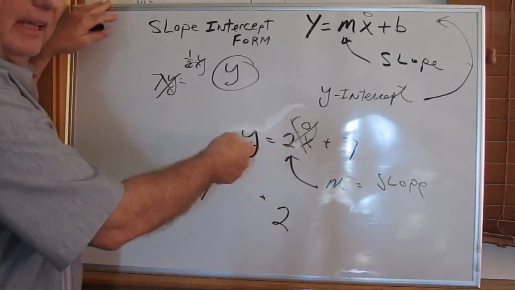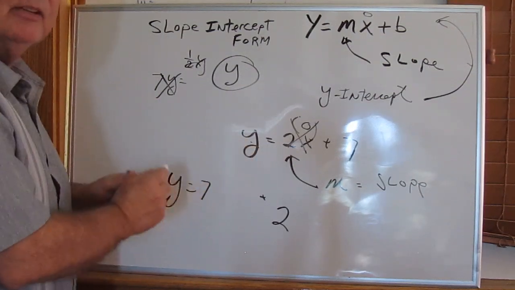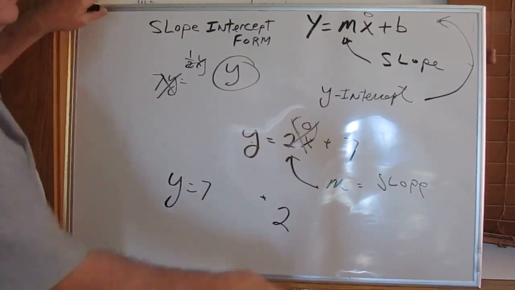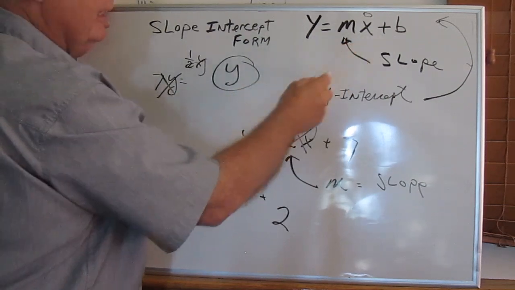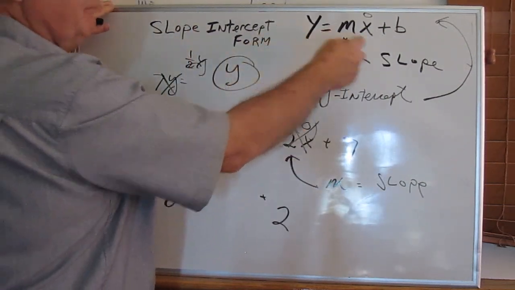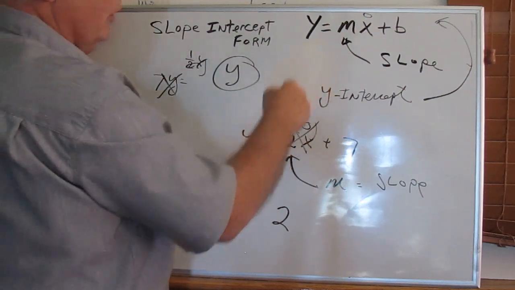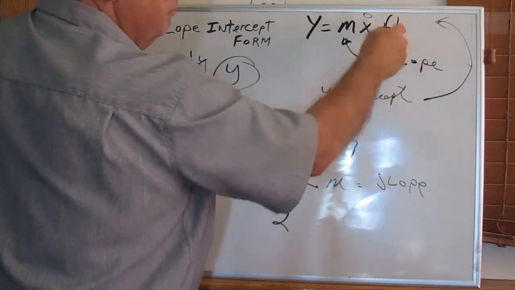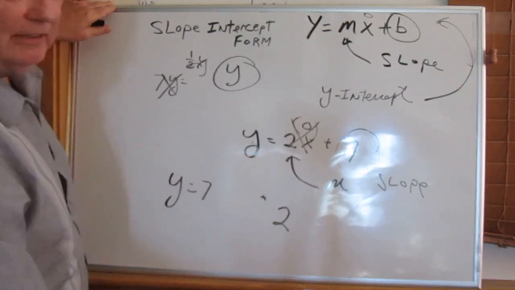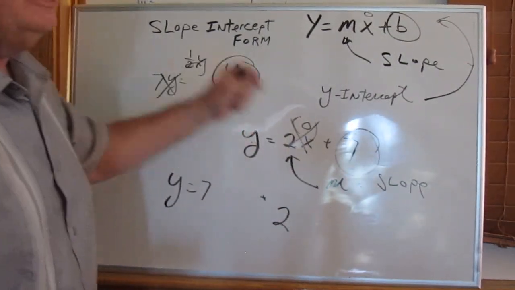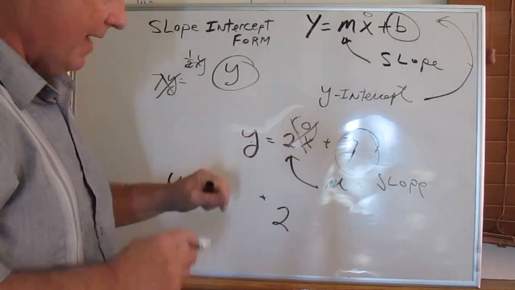Now, this is where it crosses the y-axis. Since we know this formula is the slope and intercept form, we don't have to stick 0 in there and do the multiplication. Once we get in this form, we can just say, oh, it's 7, without doing any kind of mathematics on it.